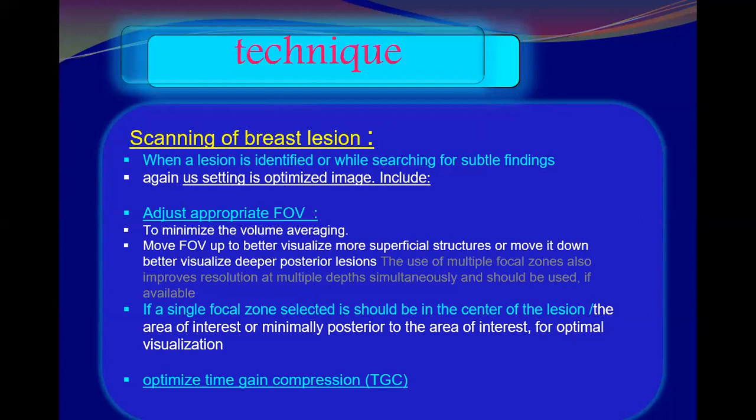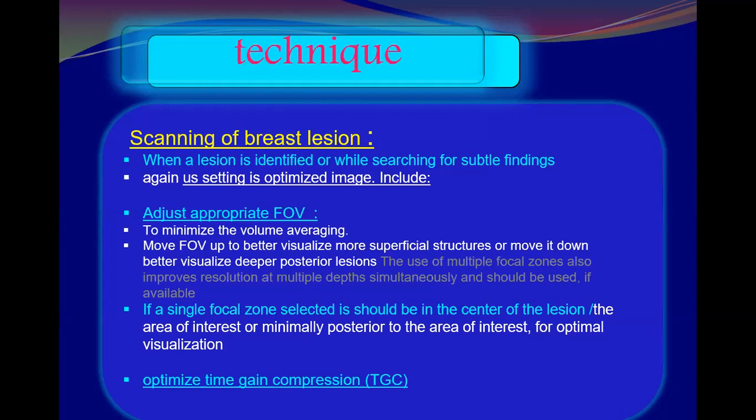And if it is deep, we'll move it down also to bring the area of interest into the narrower field of view for the transducer, to avoid volume averaging.